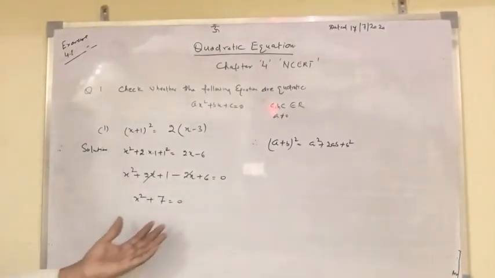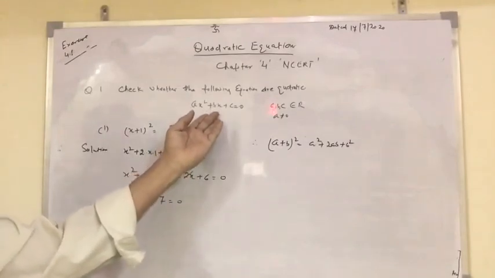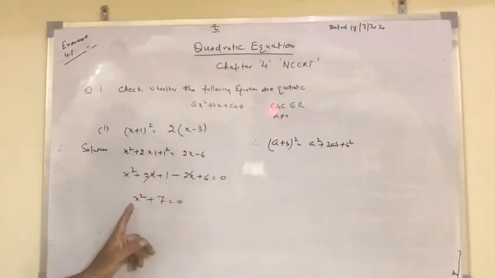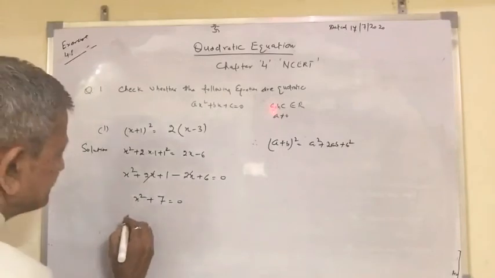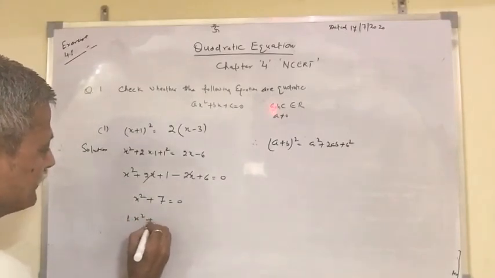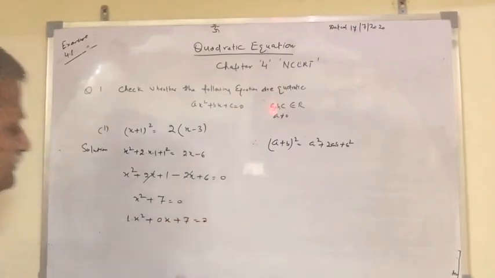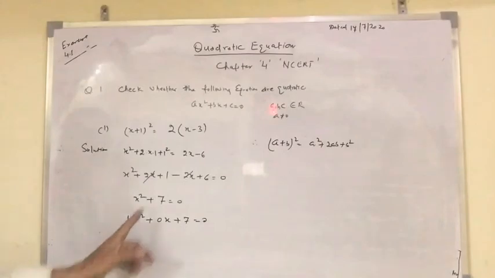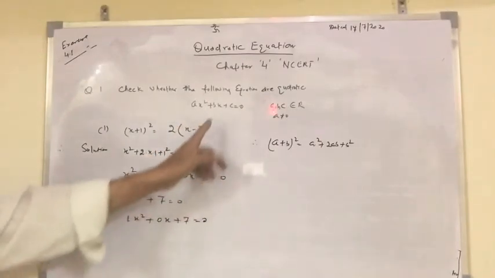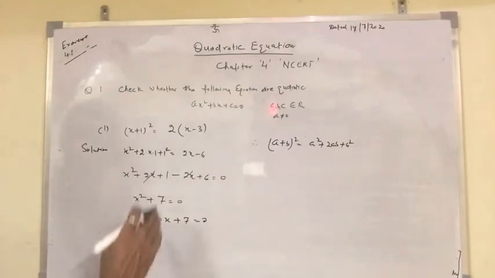Now compare this equation with the general equation. This equation is 1 into x square plus 0 into x plus 7 is equal to 0. Comparing these two, you would find this is a similar kind of equation. So hence you can say it is a quadratic equation.